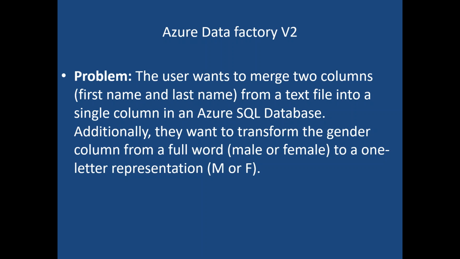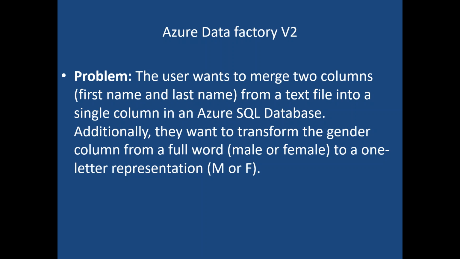The second requirement is to take the gender column, male or female, and load it into the SQL database as M if it is male and F if it is female. I want to do all these transformations using a single copy activity. I am not using any data flows, and I am not using anything else.